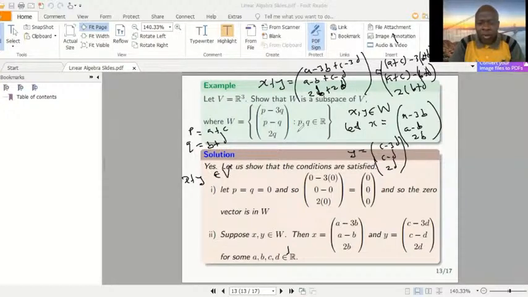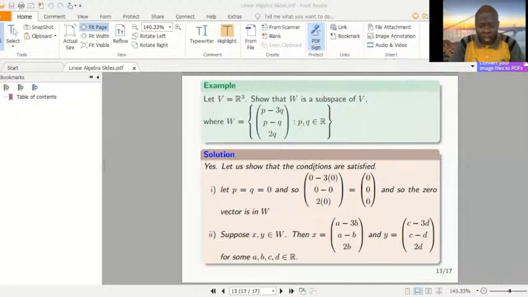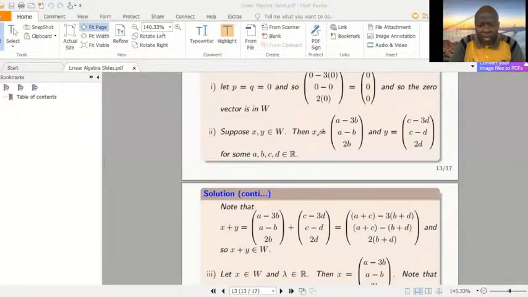But let me show you the working that I had done earlier. I said, suppose x and y are in W. Let x be that and y be that for some scalars a, b, c, d. So what about the sum? We've chosen this to be x and this to be y, so the sum will be this.